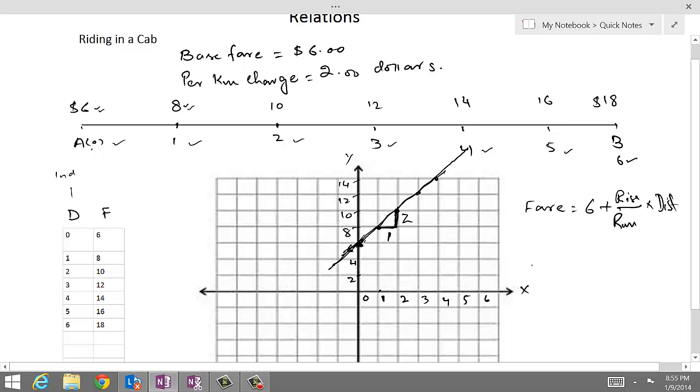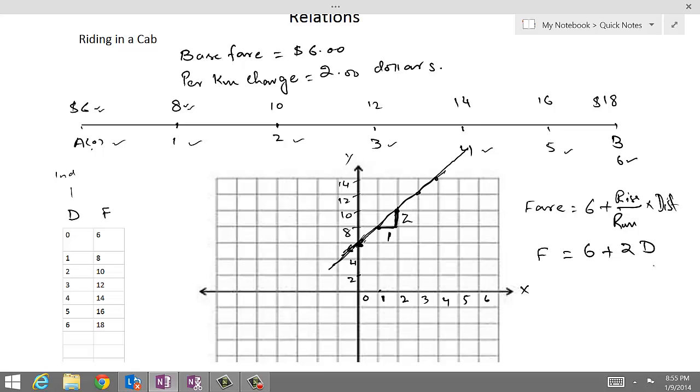And now because the fare was being represented by F, this is equal to 6 plus rise over run is 2 over 1, which is again 2, times what is distance was represented by D. So this is F is equal to 6 plus 2D.